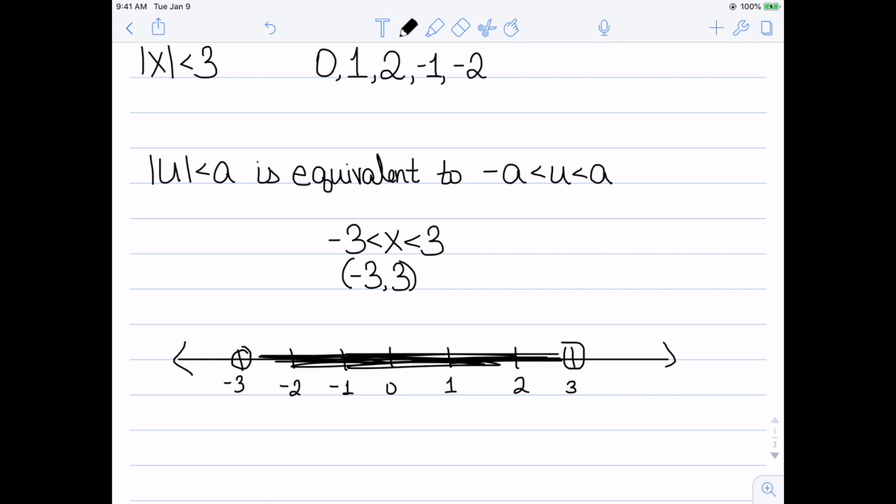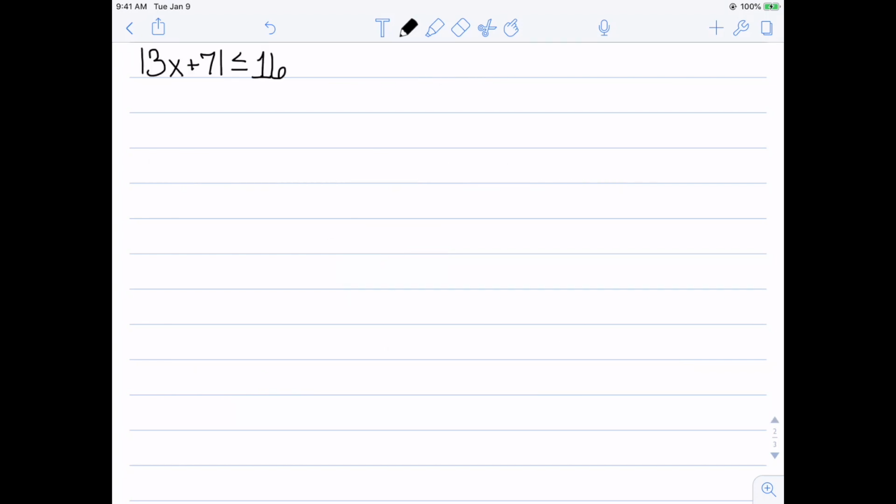So now let's look at a more complicated example. This time I have the absolute value of 3x plus 7 is less than or equal to 16. Since this is a less than case, I can use the method that we just talked about. And that gives me that -16 is less than or equal to 3x plus 7 is less than or equal to 16.